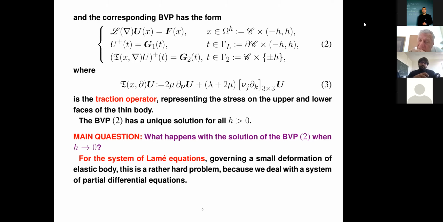On the lateral surface, we have the Dirichlet condition, but on the upper and lower surfaces, we have the Neumann condition. So we are given the traction operator, which is described here. The main question is what happens with the solution of the boundary value problem when h is sent to 0.